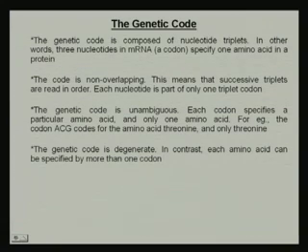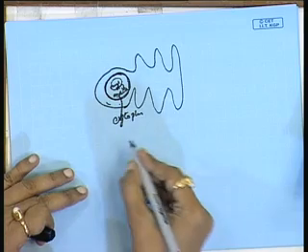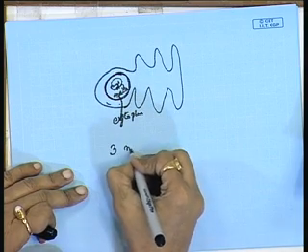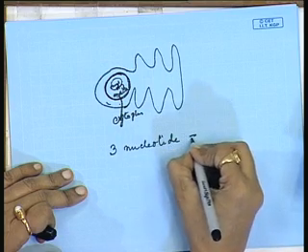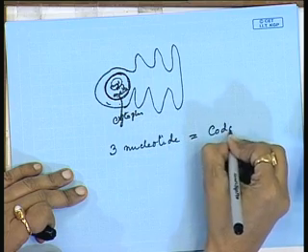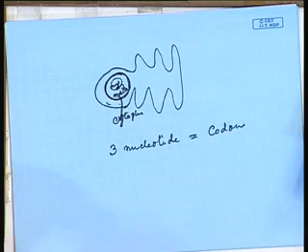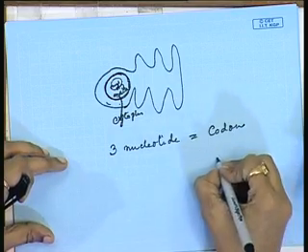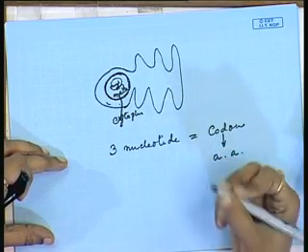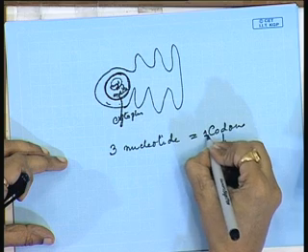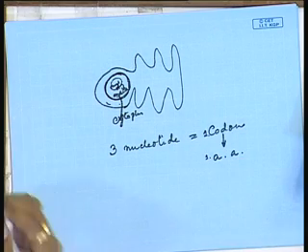So, what we can say is that 3 nucleotides form a codon, which specifies one particular amino acid. One codon is specified with one particular amino acid.